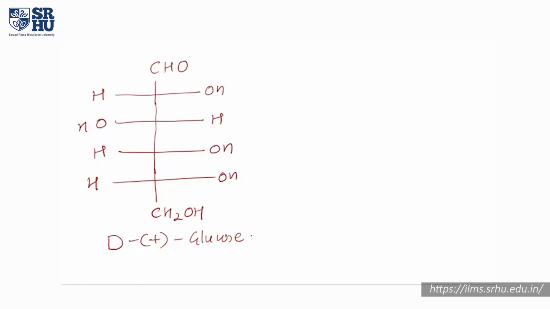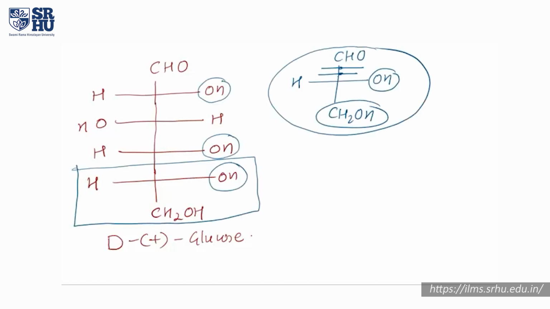Now, which OH represents capital D? Obviously, you know that the OH in capital D should be on the right hand side. Now, which OH is it? Is it the OH of the second carbon, the fourth carbon, or the fifth carbon? Let me tell you that it is actually the OH of the fifth carbon.